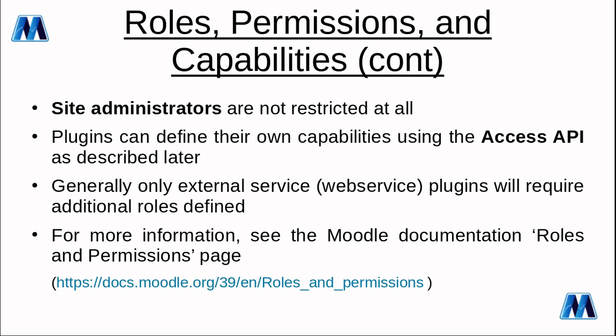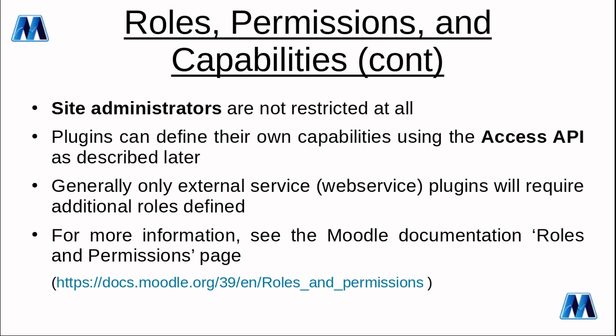Okay. So the plugins define their own capabilities using the Access API in the file access PHP in the DB folder, which we're going to discuss next. And then generally only external service plugins, web service plugins, require additional roles to be defined. So as a plugin developer, you really don't want to be developing a plugin that programmatically requires the creation of additional roles.